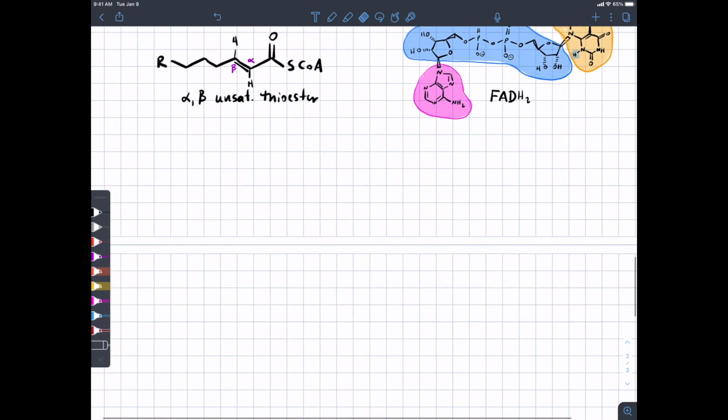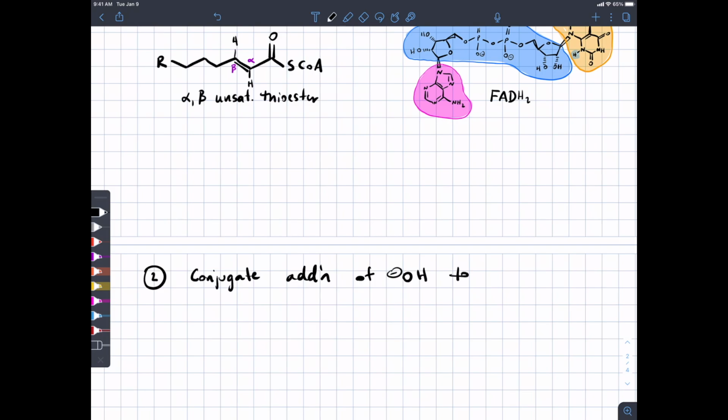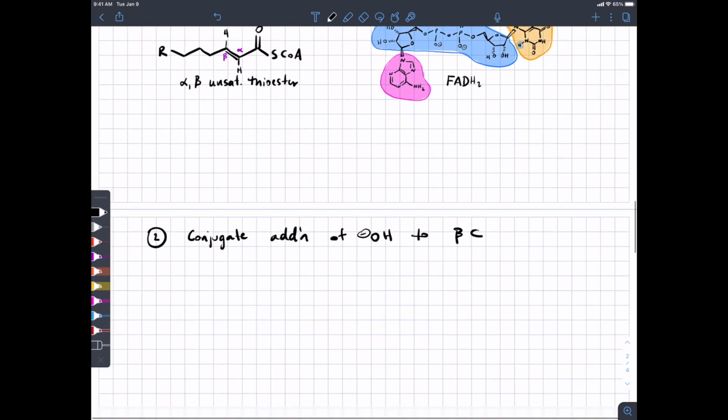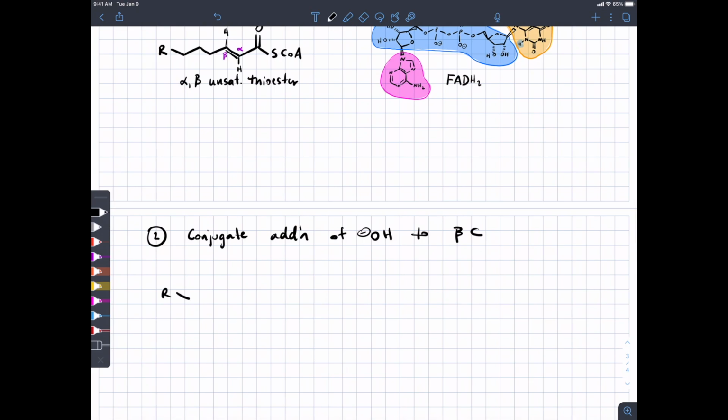So we're going to take this alpha-beta unsaturated thioester, and we're going to do conjugate addition of OH minus to the beta carbon. All right, so here's your thioester with alpha and beta carbons.